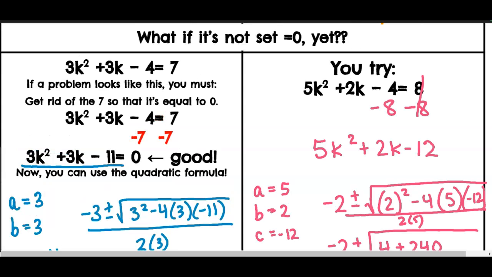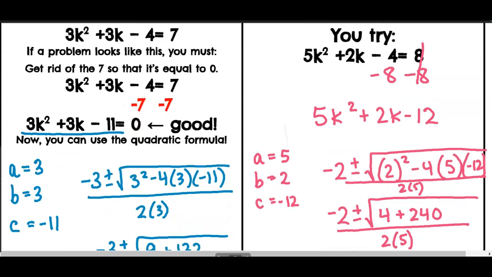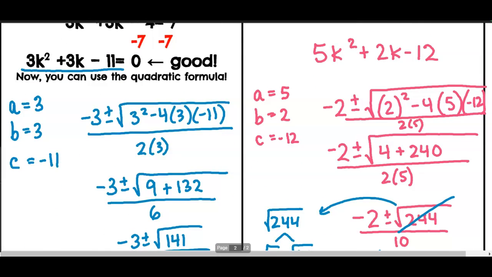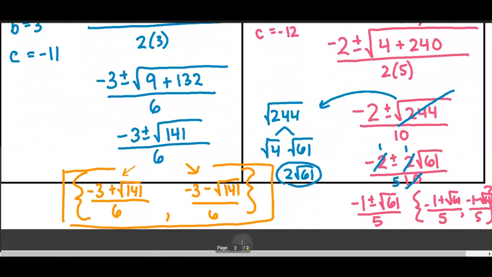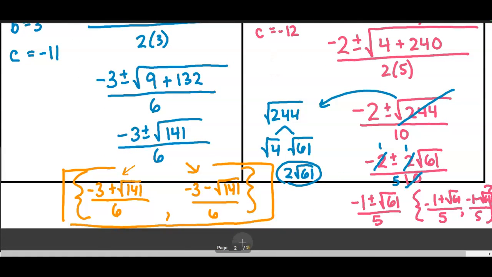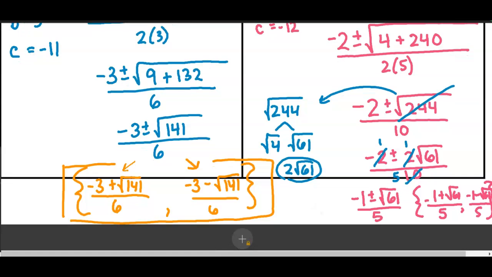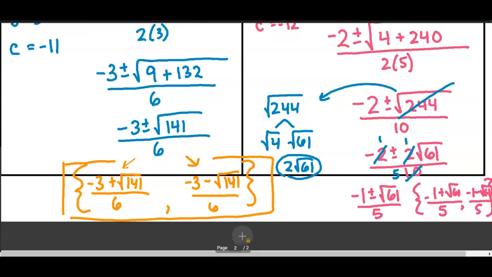Okay, now that you've had time to solve this, you should have subtracted 8 from both sides and got 5k squared plus 2k minus 2. Your A is 5, your B is 2, your C is negative 2. Then you plug it into the quadratic formula. I noticed inside the square root, the discriminant, it was 244. Well, 244 can be simplified to square root 4 times square root 61.